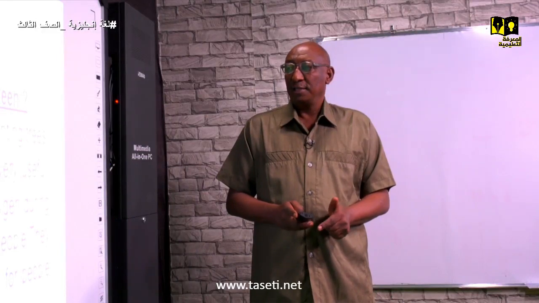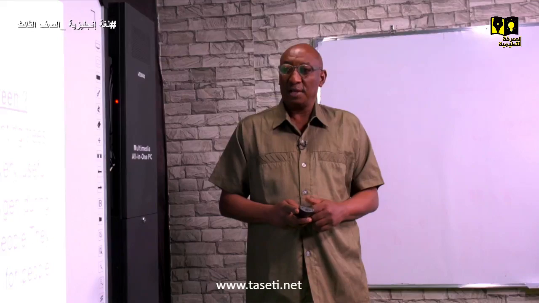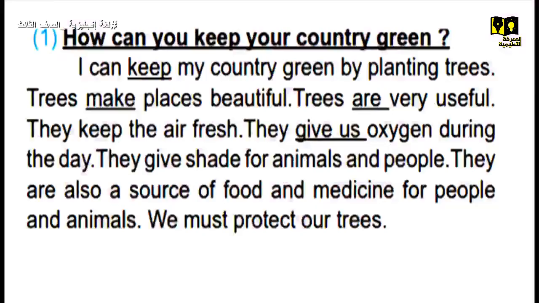And they are very useful, right? How? Because they keep the air fresh. They give us oxygen during the day. They give shade for us and for animals as well. And they are also a source of food and medicine for people and animals. That's why we must protect our trees.